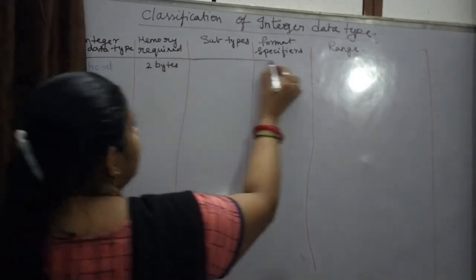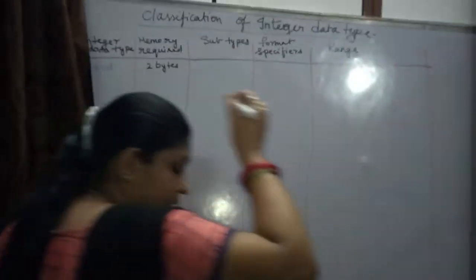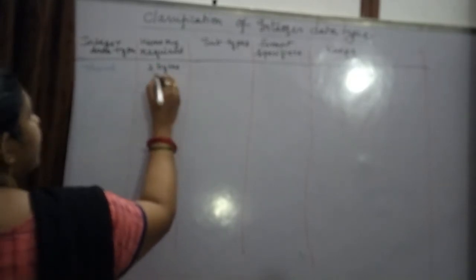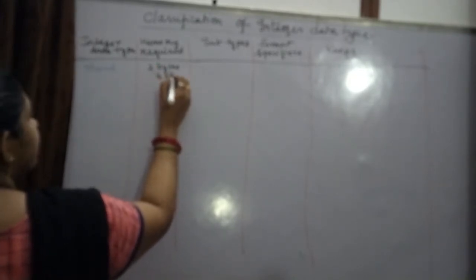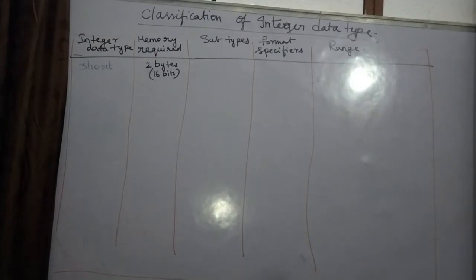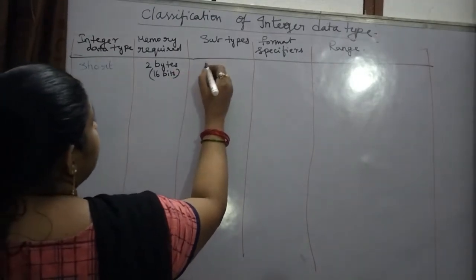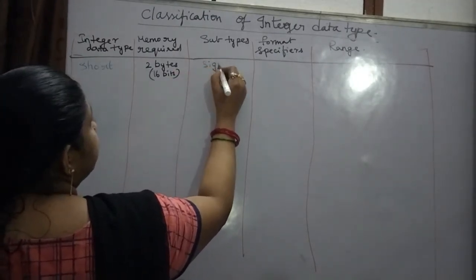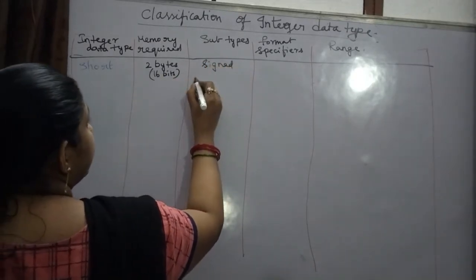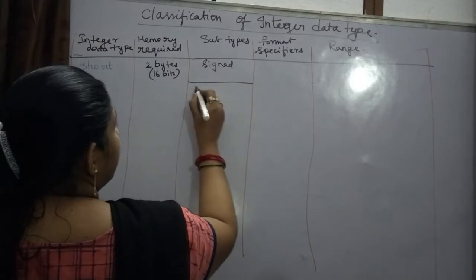For short, 2 bytes of memory is required. 2 bytes of memory comes around how much? 16 bits. That means 16 bits of memory is required by the short. Okay, next, under subtype you have signed and unsigned.